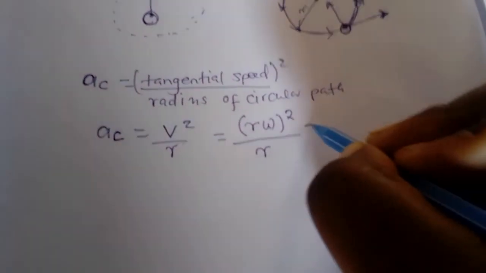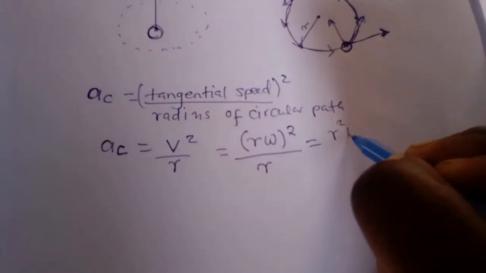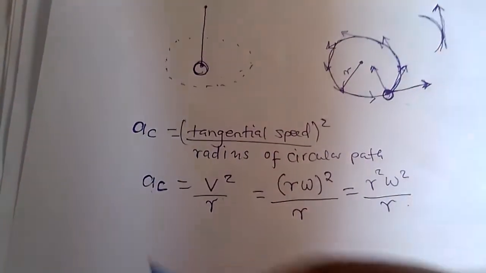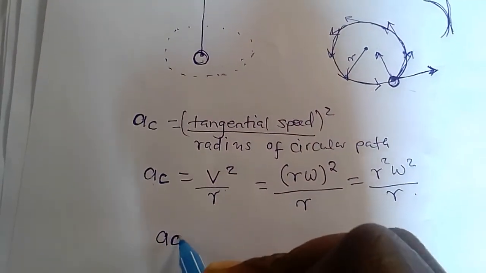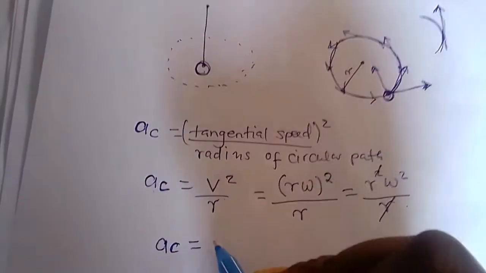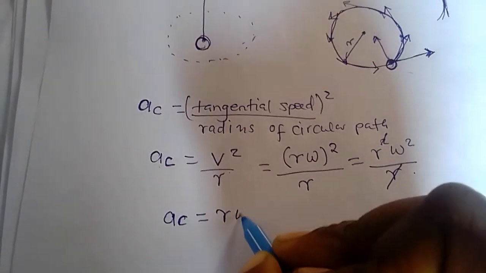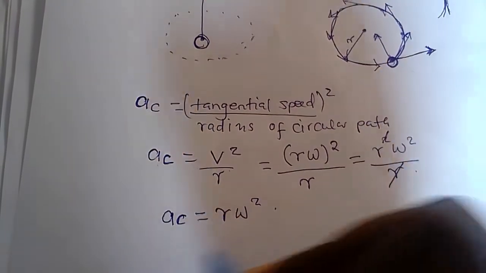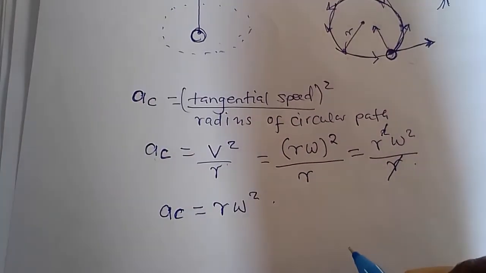If we do that, we are going to have r squared omega squared divided by r. So the centripetal acceleration can be given by this. r can cancel with one of the r's there, and we'll have r omega squared. So that's what we have as the centripetal acceleration.